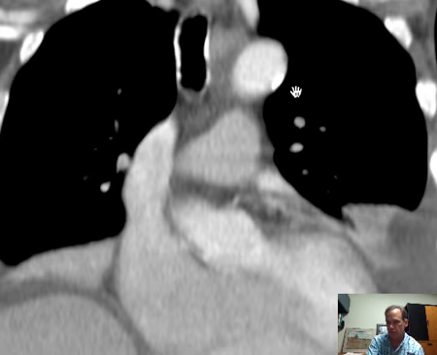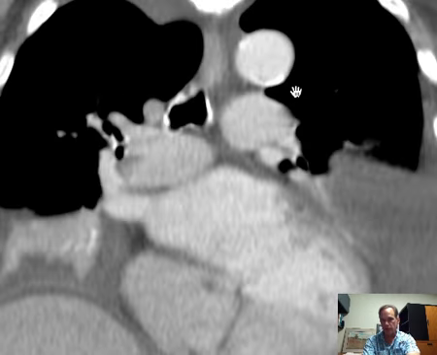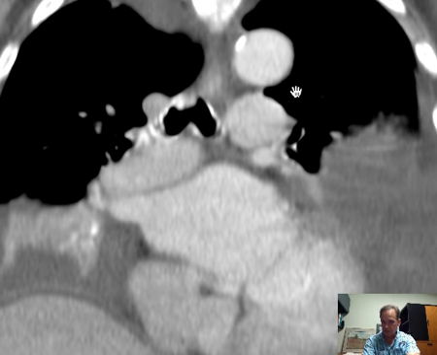Now this case was selected because it's not just an ordinary normal pulmonary artery. This patient has a big pulmonary artery. In fact, the left main pulmonary artery itself is just about as big here as the aorta.